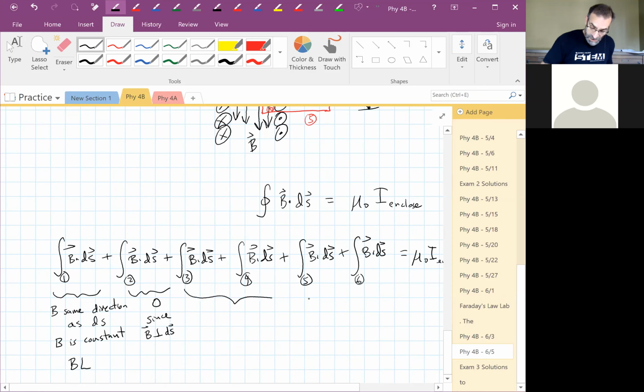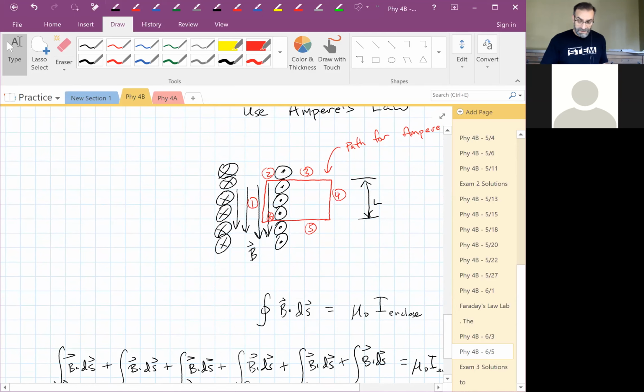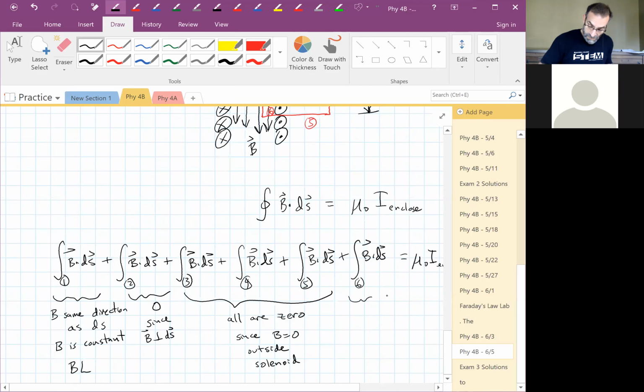Okay, so for sections 3, 4, and 5, and section 6 is the same as section 2. So the dot product gives us 0.